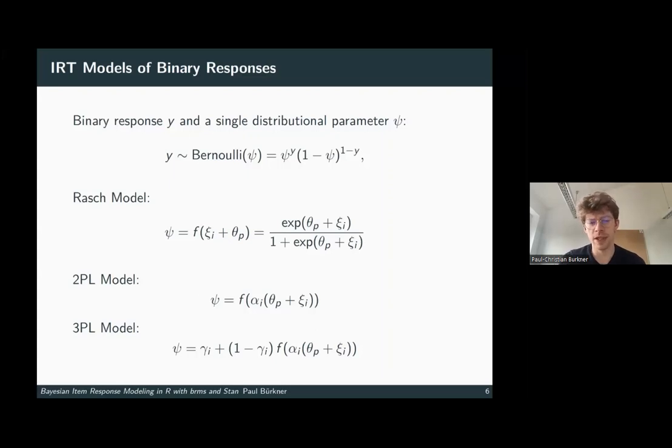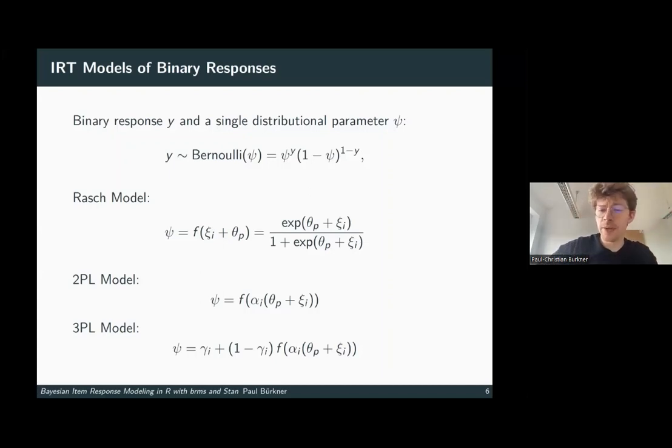of these discriminating items. We can go one step further and go for a 3PL model, where we additionally have some guessing parameters. So for example, if we're in a forced choice experiment and there are 4 different options of which one is true, then even if the person doesn't know the right answer, they are still guessing the right answer with probability 25%.